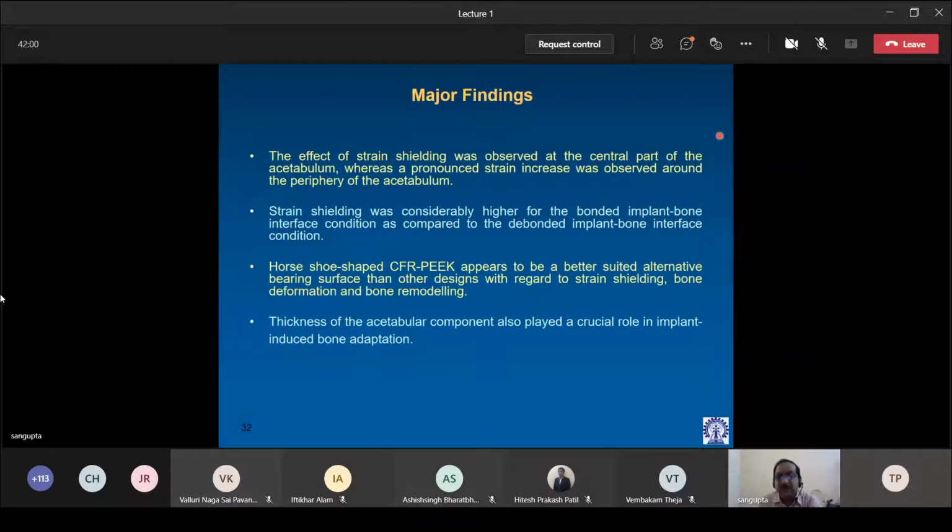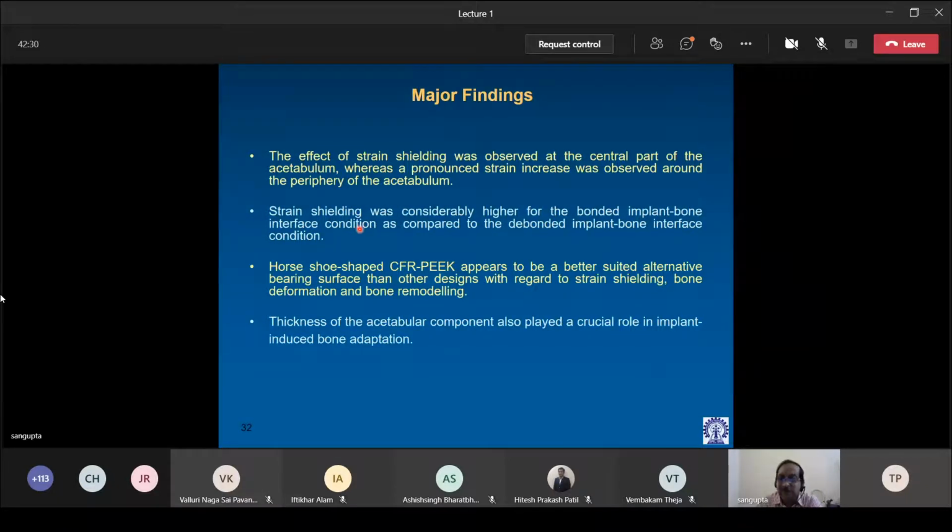So these are some of the major findings related to acetabular component replacement. Strain shielding was observed in the central part of the acetabulum, whereas a pronounced strain increase was observed around the periphery. I had also explained this earlier during the other topic, mechanical behavior of bone. Strain shielding was considerably higher for the bonded implant-bone interface condition.